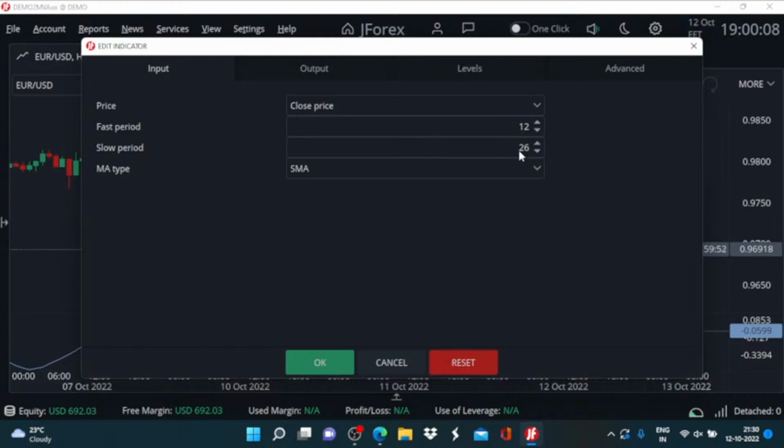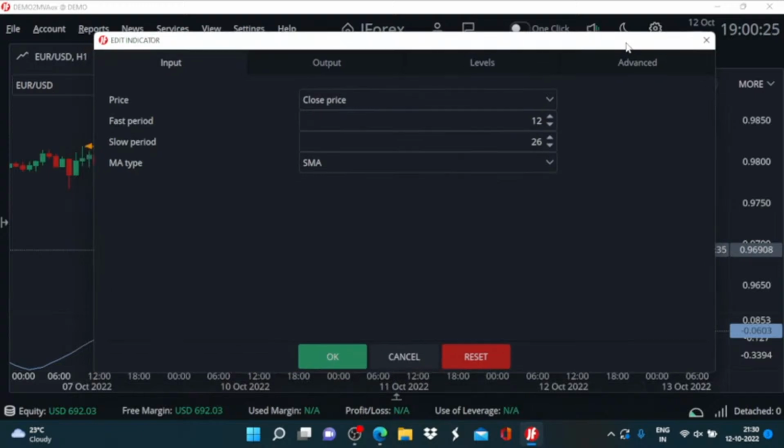We subtract the 26 period SMA from the 12 period SMA, divide it by the 26 period SMA, and multiply it by 100. So we get the output in terms of percentages for the instrument of our choice, Euro USD in this case.